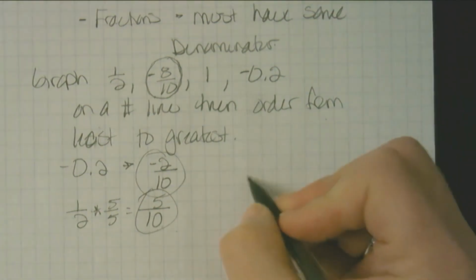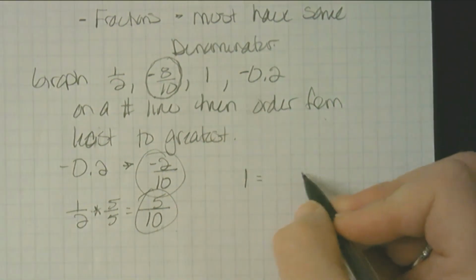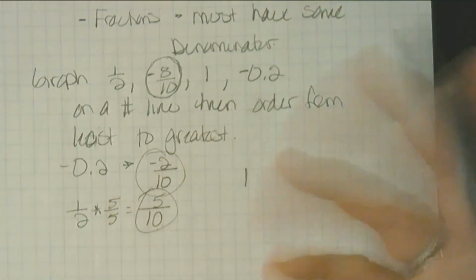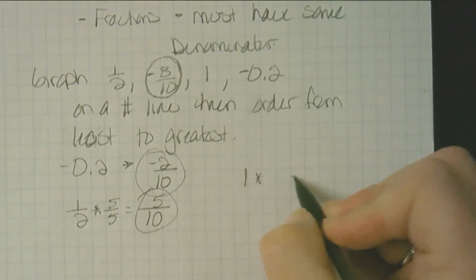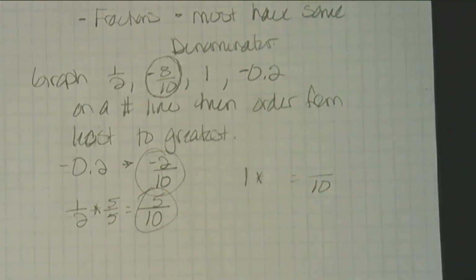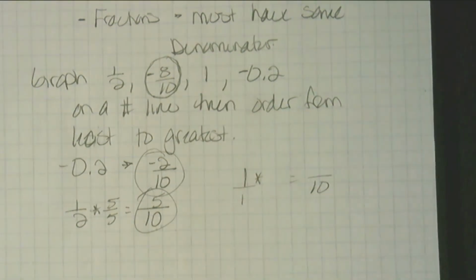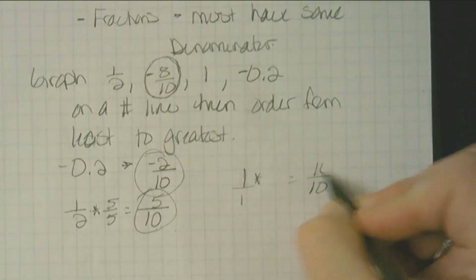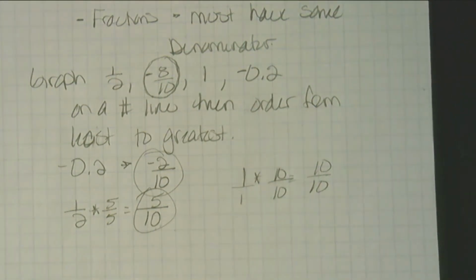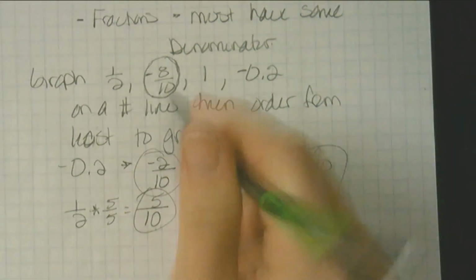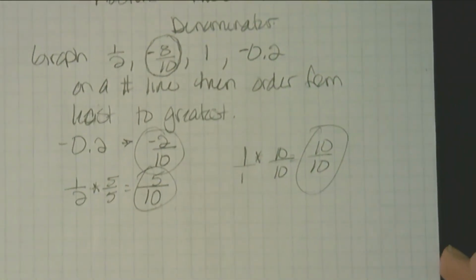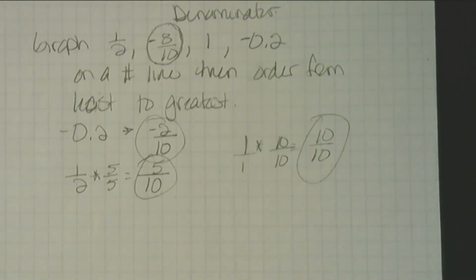How about 1? What is that as a fraction with 10 as my denominator? Remember, this is like 1/1. Mateo? That's 10/10. I have to multiply by 10/10. So now I have my fractions that I can put all of them on a number line.